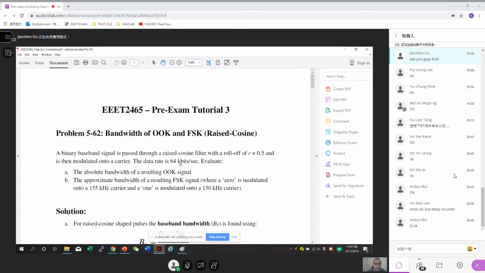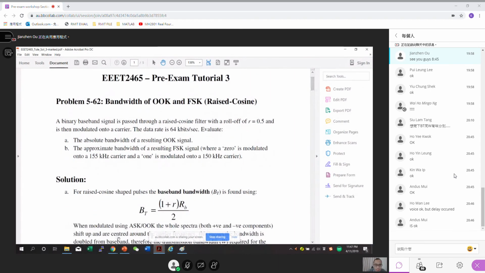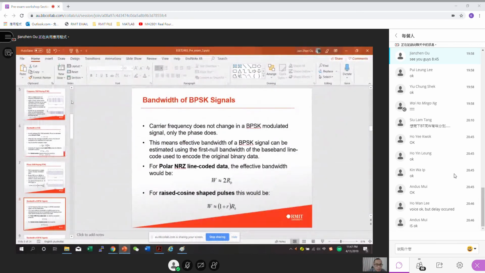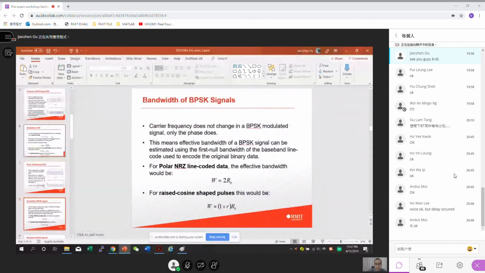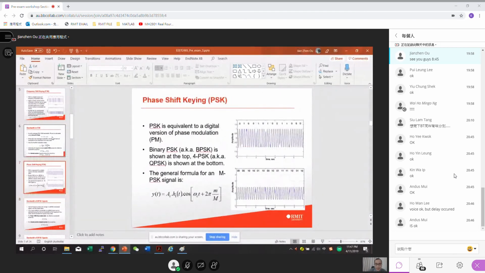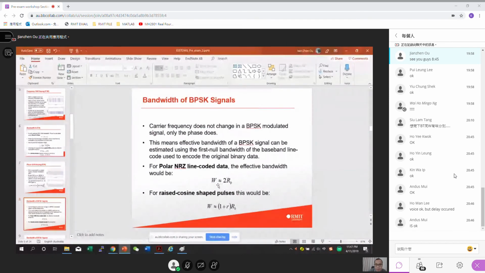As we mentioned just now in the lecture slides, for the FSK there are a lot of things involved with Carson's rule. But for ASK and PSK it's very simple, because it does not involve frequency, so Carson's rule does not apply anymore.